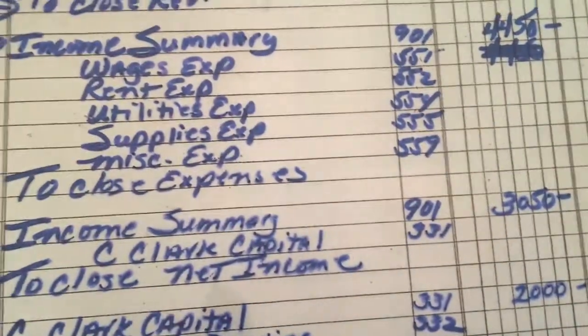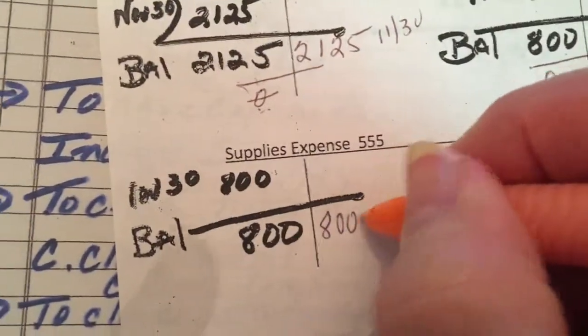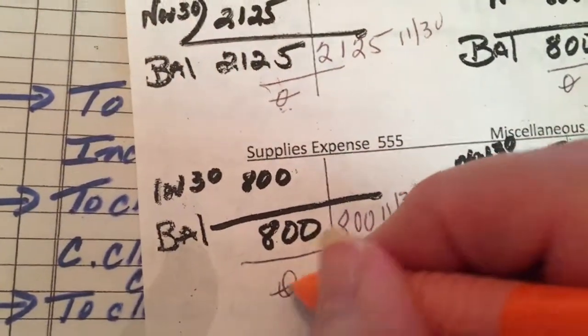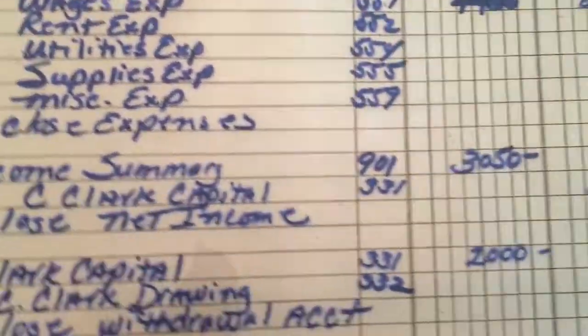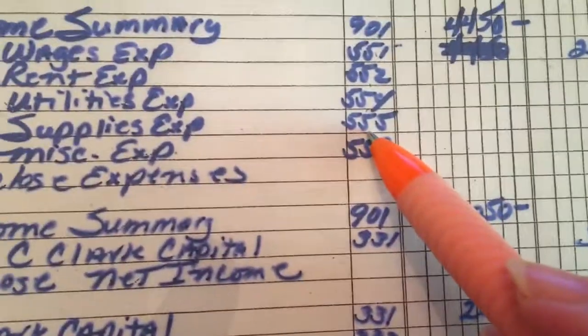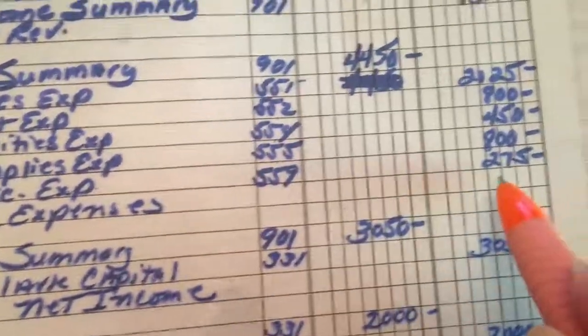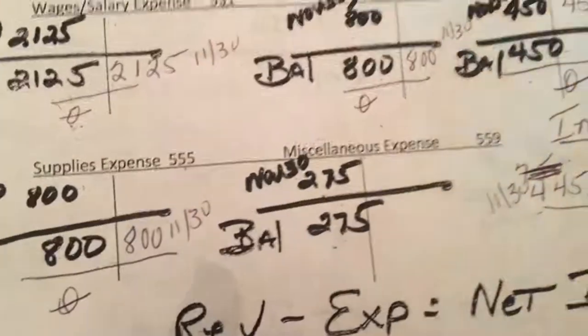Next, you have supplies expense, $800. Credit. Go over here, $800. Zero balance. Number 555 is carried back right here. Next, we have miscellaneous, $275. Credit.